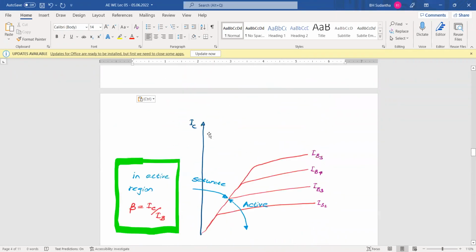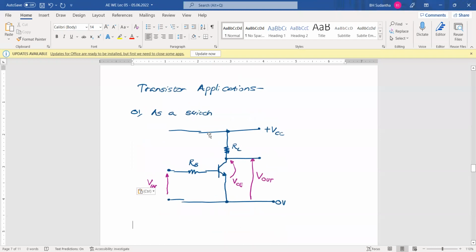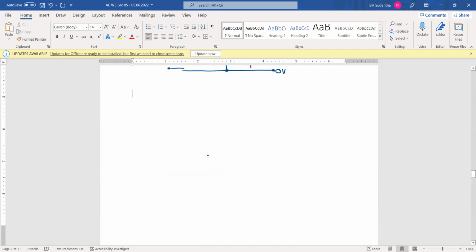Now here, the previous part, I think I will try to recover later on, but this one we can continue from this point. The transistor applications as a switch.